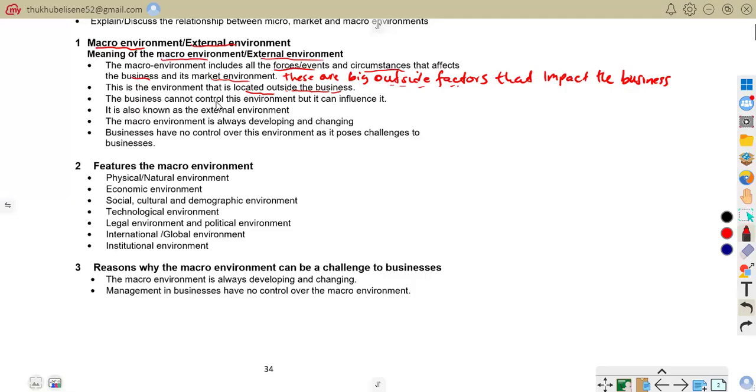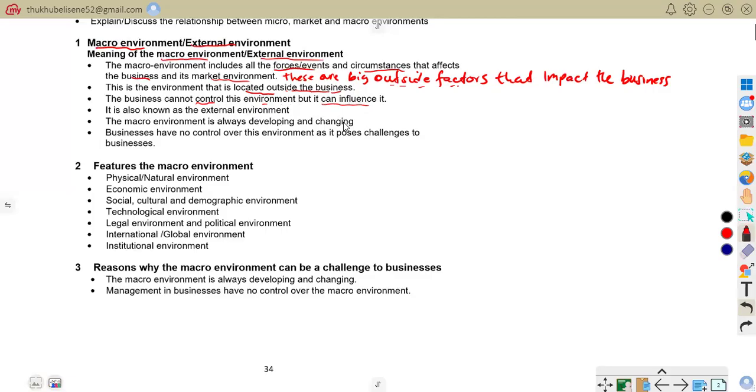For example, government laws come from outside the business. That is why we're saying this is the environment that is located outside the business. The business cannot control this environment, but it can influence it. Business can't change these factors, but it can adjust or respond.